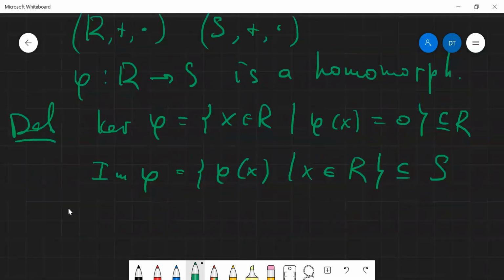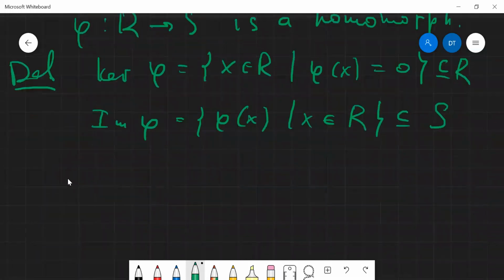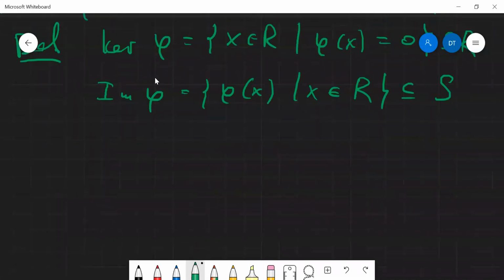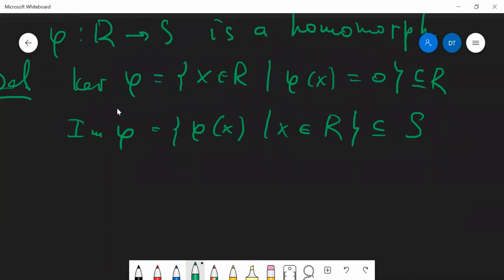So what I want to discuss is what kind of properties do we have here. In general, the kernel is actually an ideal, and the image is always a subring. And if we want to check that a homomorphism is surjective, we need to check that the image coincides with the whole set S. And if we want to check that the map is injective, it's actually sufficient to check that the kernel consists only of the 0 element.